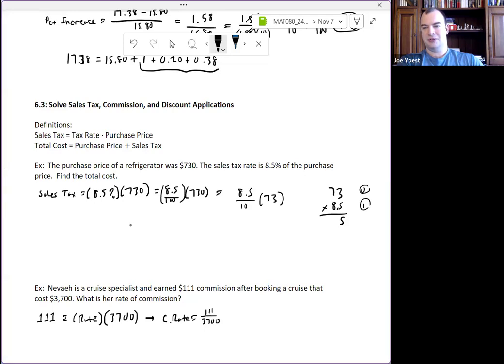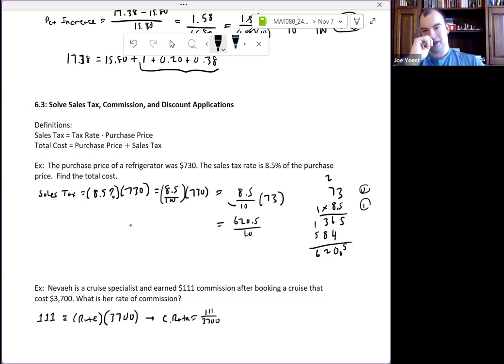And 5 times 3 is 15. 7 fives is 35. Plus 1 is 36. 8 times 3 is 24. 7 eighths are 56. Plus 2 is 58. I get 6205 for the answer, and I want one decimal place, so 620.5.